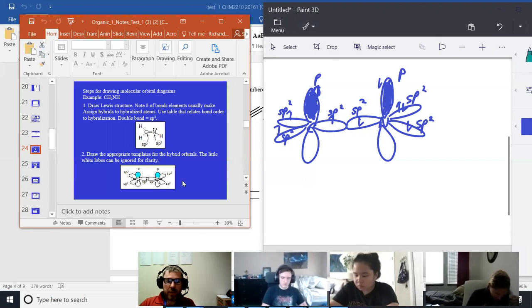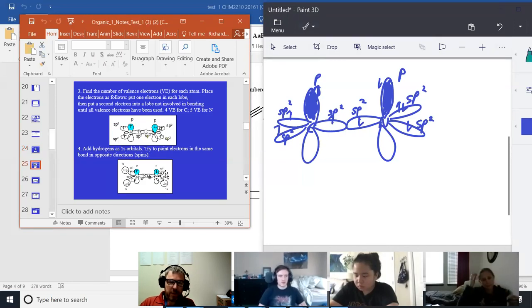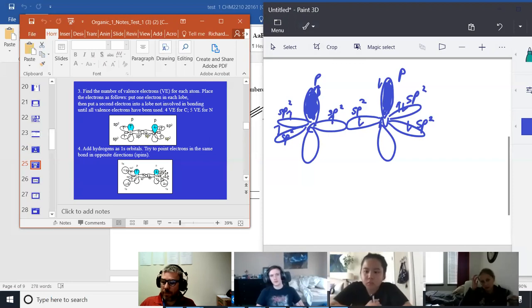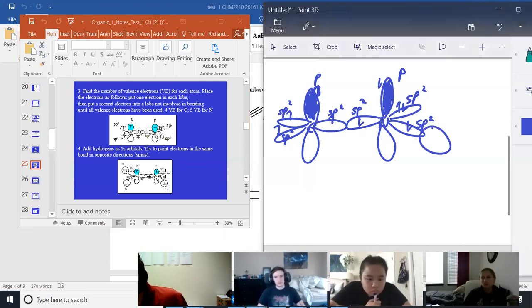All right, so we draw in the templates. We put in the electrons, and then we want to bond them together. And then we want to put in the hydrogens. The hydrogens are all 1s orbitals, and those are going to attach to the ones that have 1 electron in them.